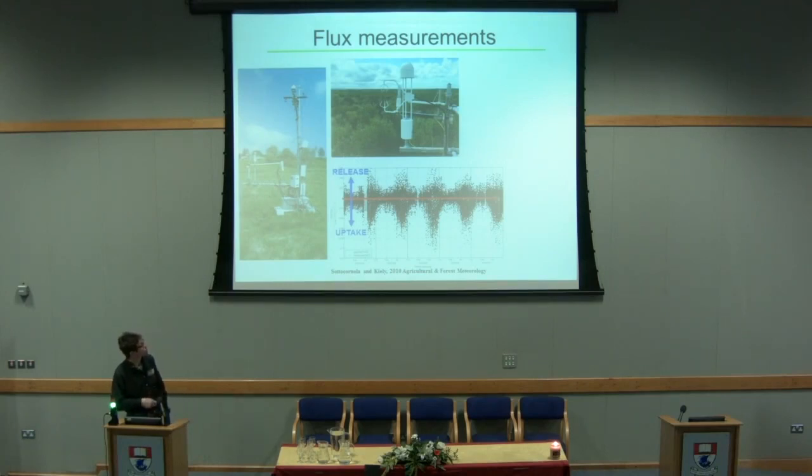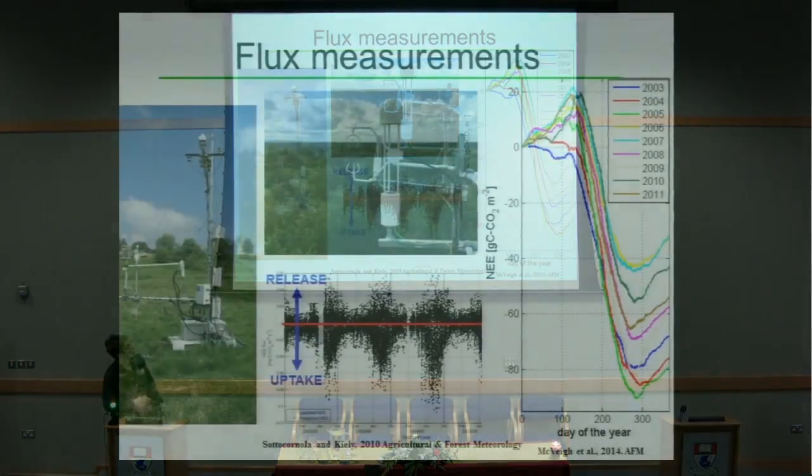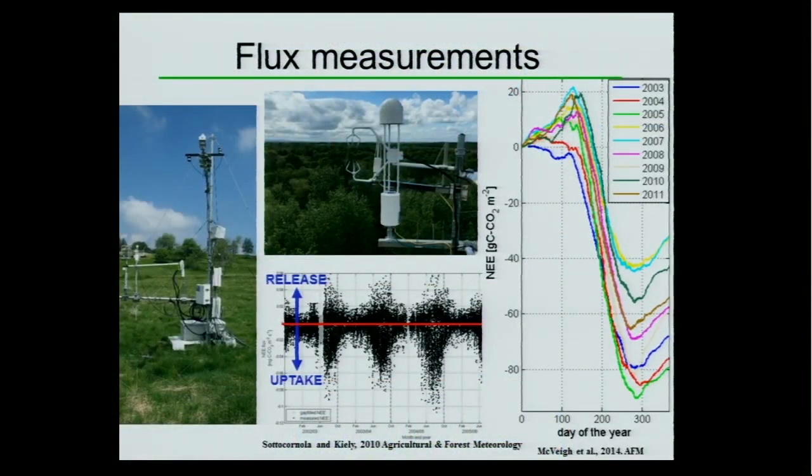By convention, negative flux means an uptake by the ecosystem. We can also present this time series as a cumulative sum, here for a number of years, every year with a different color, again plotted as a time series.